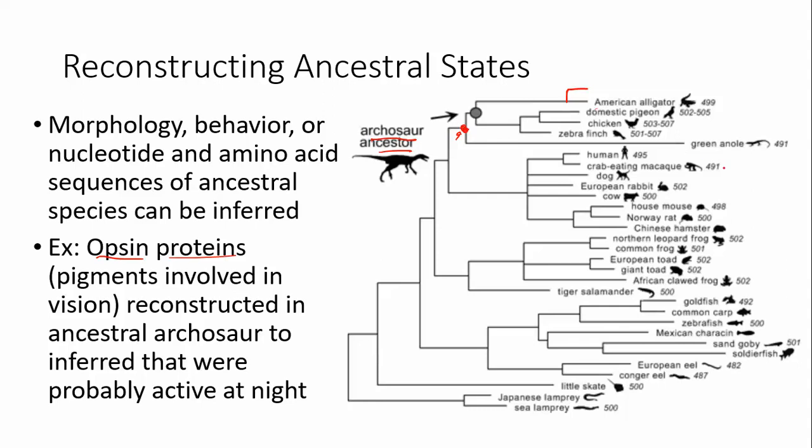By looking at these opsin proteins in a green anole, a zebra finch, a chicken, a domestic pigeon, and an American alligator, they could reconstruct the approximate structure of that opsin protein. And from that, they were able to infer that this archosaur way back in the past was probably nocturnal. Because depending on whether you have a lot of rods or rods and cones, you'll either be a better nocturnal viewer or you'll be better at viewing things in full daylight.